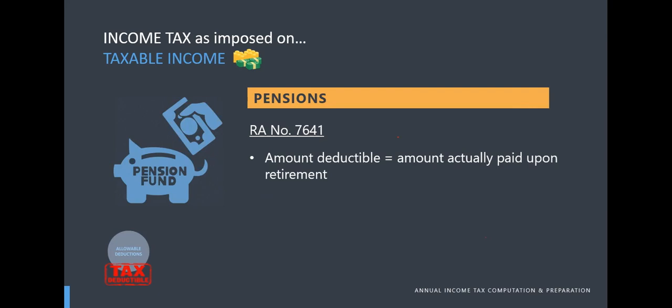So accruals of pensions or retirement benefits based on RA number 7641 are not deductible. So the actual amount paid only.